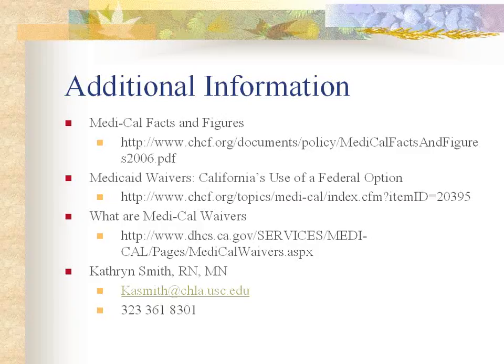Okay. Kathy, I have some questions written down from people. One is, is there a downside for parents to apply for the home and community-based waiver for their child if they have primary private insurance?